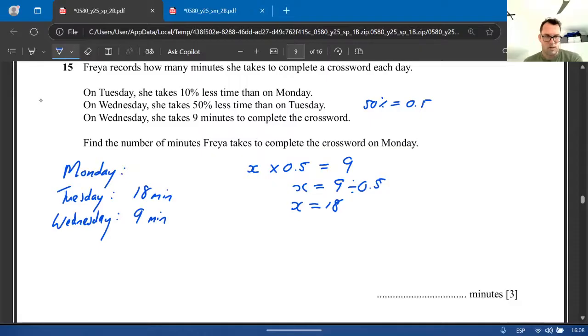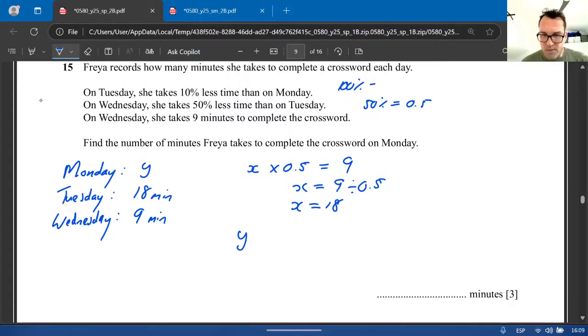Alright. Now let's make Y Monday. So if Y is 10% less on Monday, how do you do 10% less? You take 100%, that is all the time it took you on Monday.